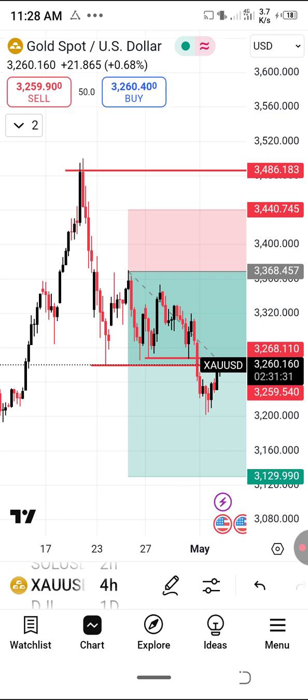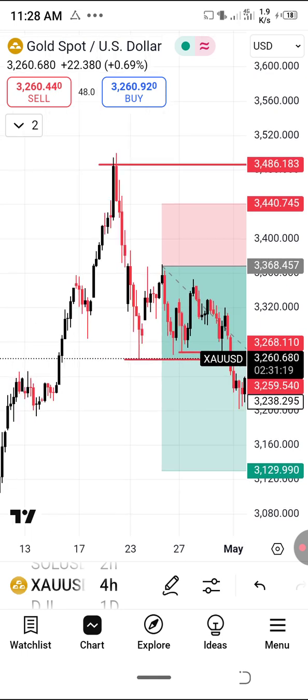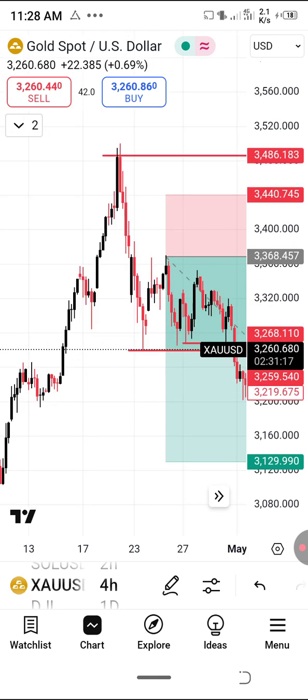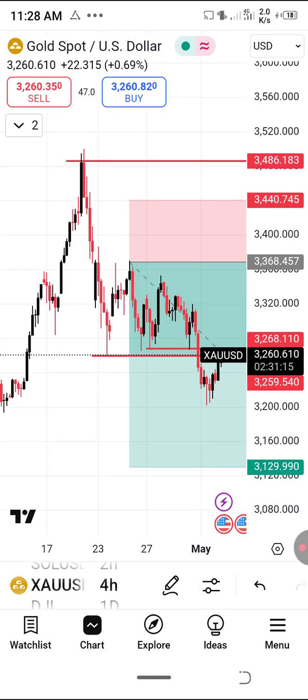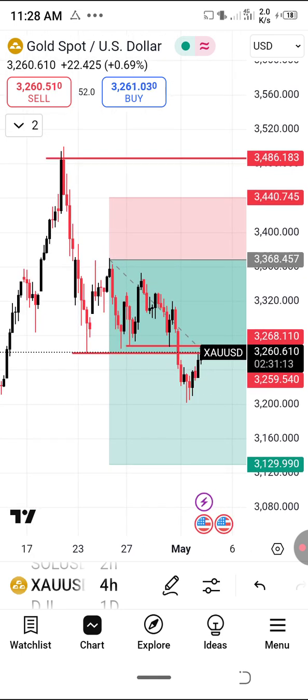In today's analysis, I just want to show you a very crucial and important strategy that will help you to make profits mostly all the time. Okay, so we have this problem of where to enter our trade, and we have the issue of stopping out.